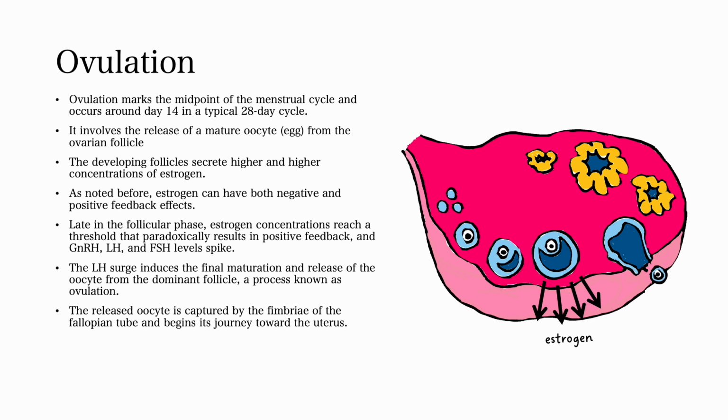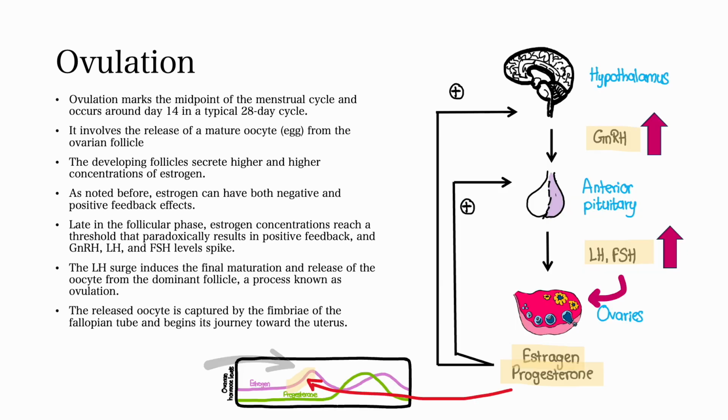Ovulation marks the midpoint of the menstrual cycle and occurs around day 14 in a typical 28-day cycle. It involves the release of a mature oocyte, which is also known as an egg, from the ovarian follicle. The developing follicles secrete higher and higher concentrations of estrogen. Late in the follicular phase, estrogen concentrations reach a threshold that paradoxically results in a positive feedback.